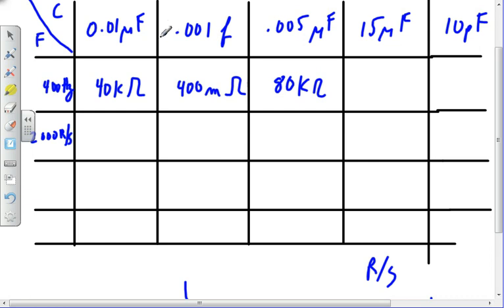We'll do the last. If this is 0.01 micro and that's 10 pico, then that's a difference of 10 to the third. So this should probably be 10 mega ohms, probably.